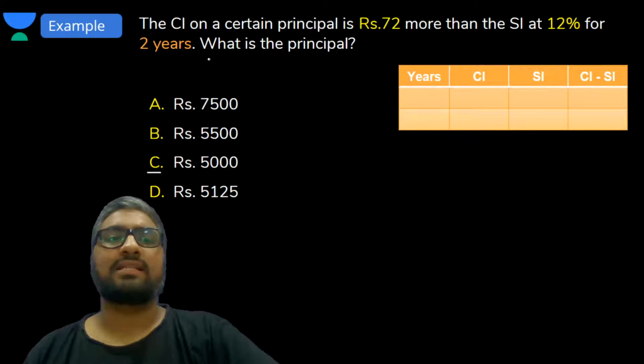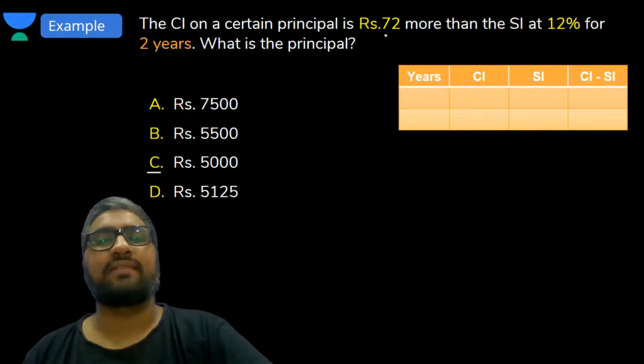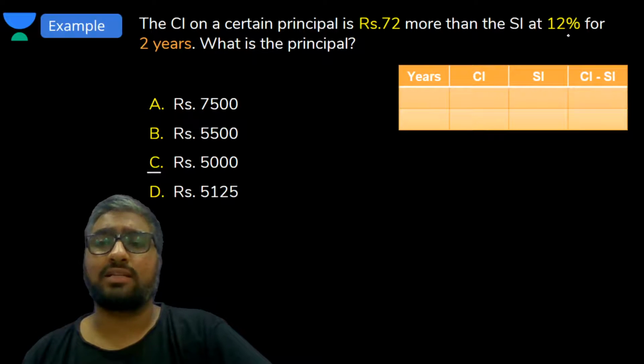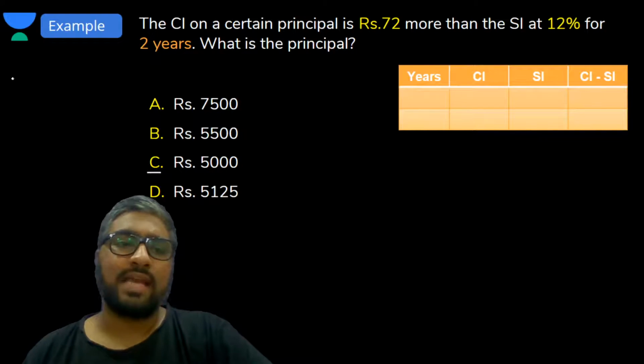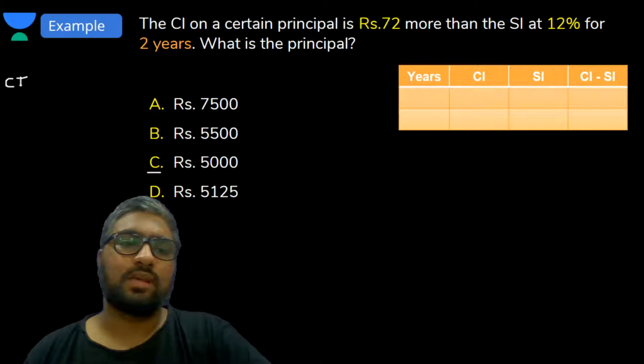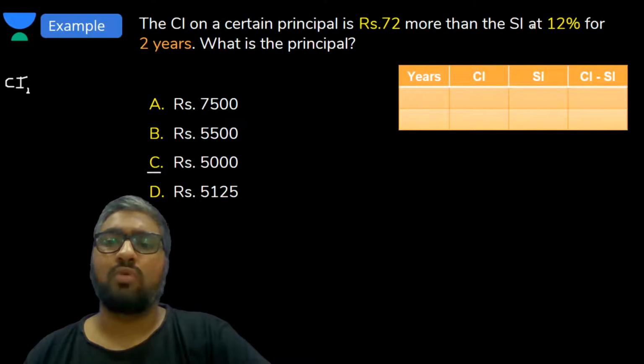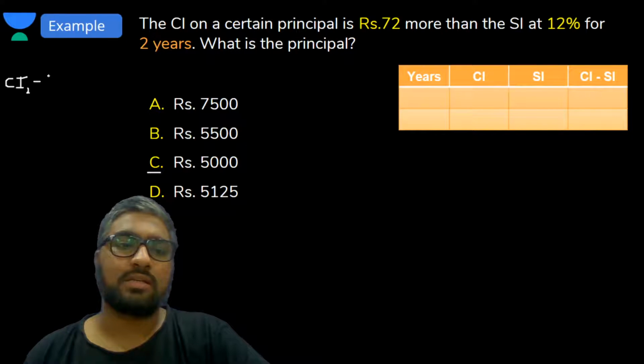So what's given here? The CI on a certain principal is 72 more than the SI at 12%. What are they saying? CI for 2 years, not the second year but 2 years together, is 72 more than the SI, which means CI minus SI for 2 years together is 72.